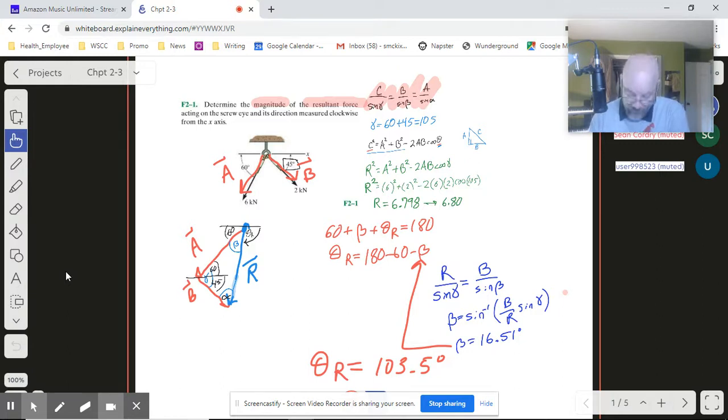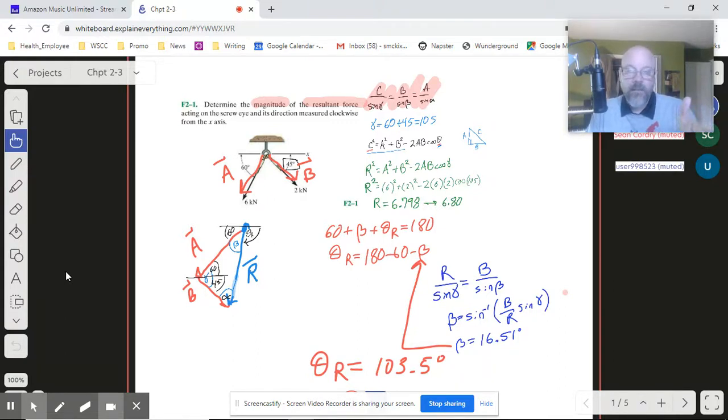Don't round it to 104 in this case, because it's actually like 103.49, and so that actually rounds down to 103, depending on how you want to do things. So we can talk about more of those sorts of things later. But there we go. We got the magnitude.